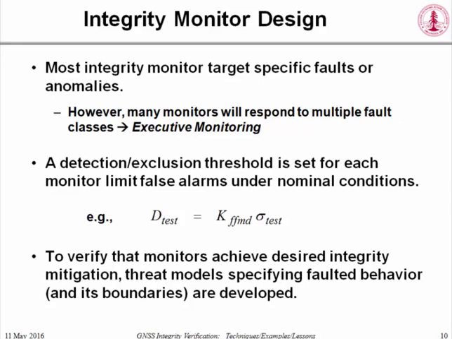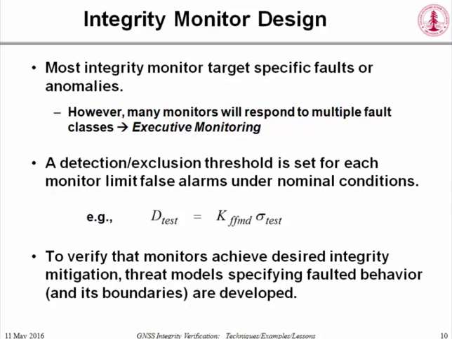However, other faults can cause the same thing. A cycle slip could cause that. RFI could cause that monitor to flag. So we have to have a separate set of monitoring to resolve the potential for multiple monitors flagging on the same fault. This is simple detection theory.